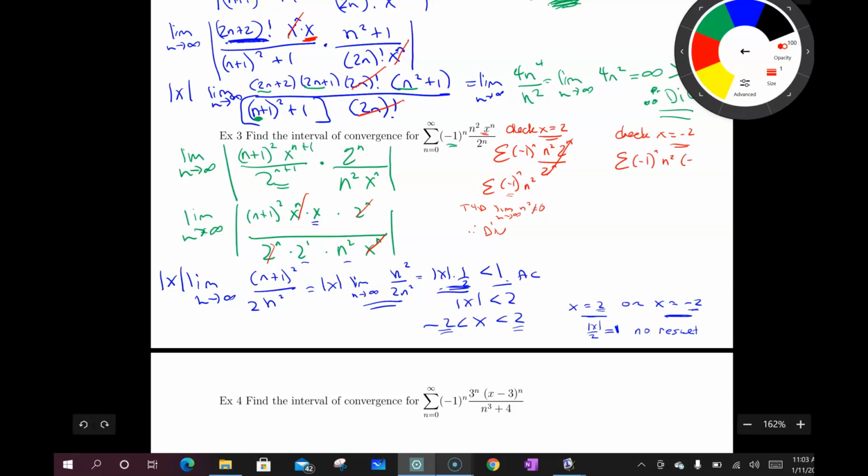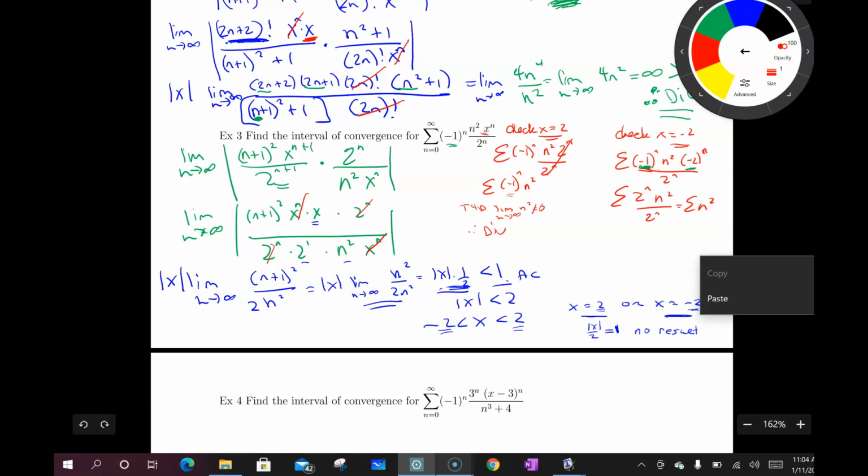So you put -2 in for x. Okay, so these two terms here, it's a different color here, this term and this term, because they have the same exponent, I'm allowed to multiply their insides. So -1 times -2, that gives me a 2 to the n. So that gives me the summation of n squared.